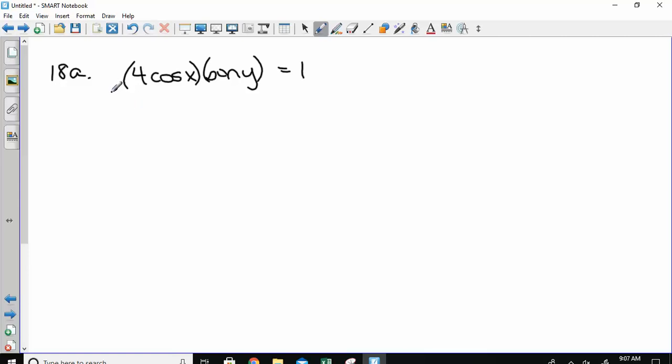That's fine. So, derivative of the first. What's the derivative of 4 cosine x? 4 is just a coefficient, it stays. What's the derivative of cosine? So it becomes negative 4 sine x times the second, plus the first.